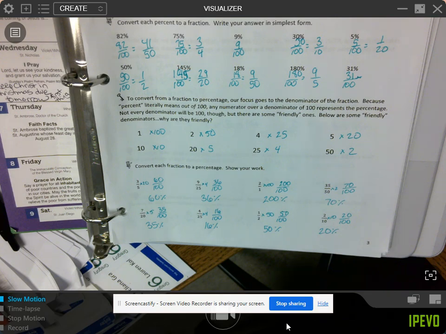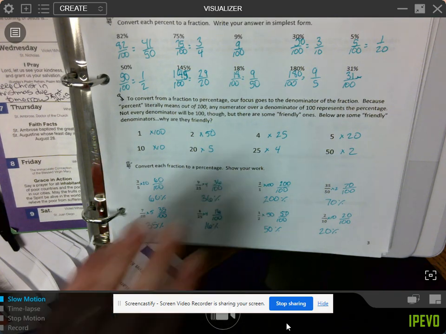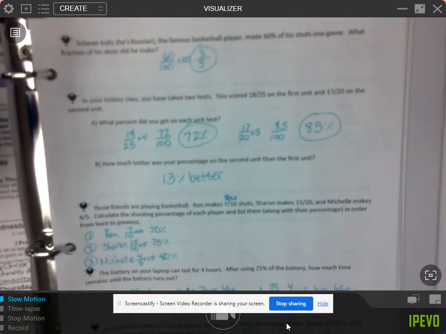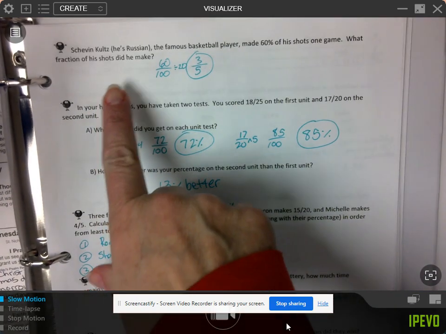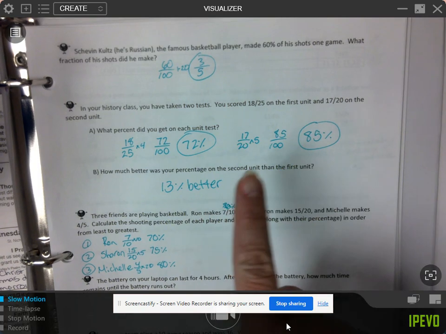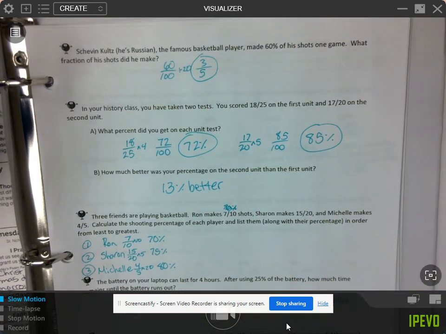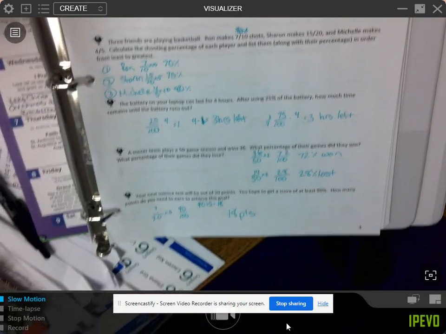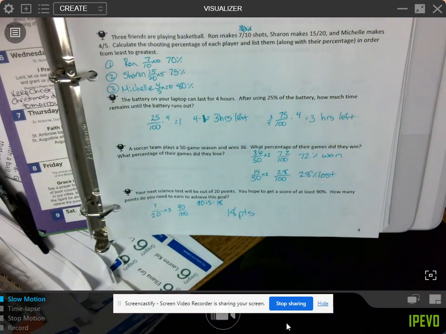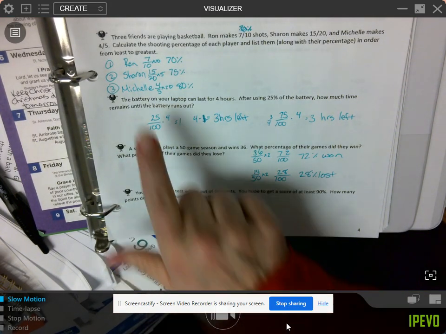All right, let's look at our second page. We did the top section together on our video yesterday. So we did these first 3 together, so let's look at the bottom 3, 4. So let's look at our people playing basketball.